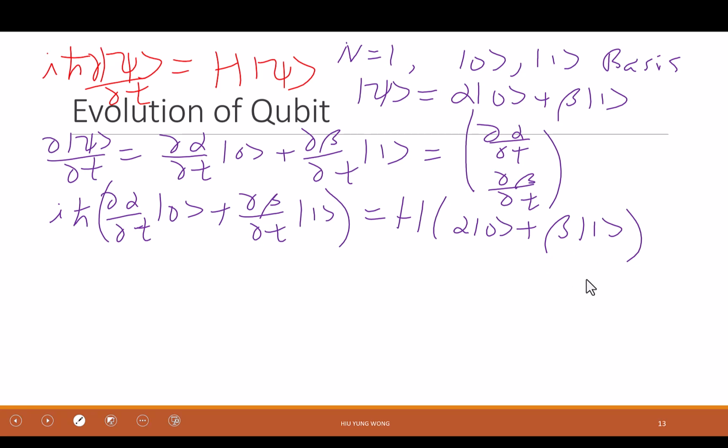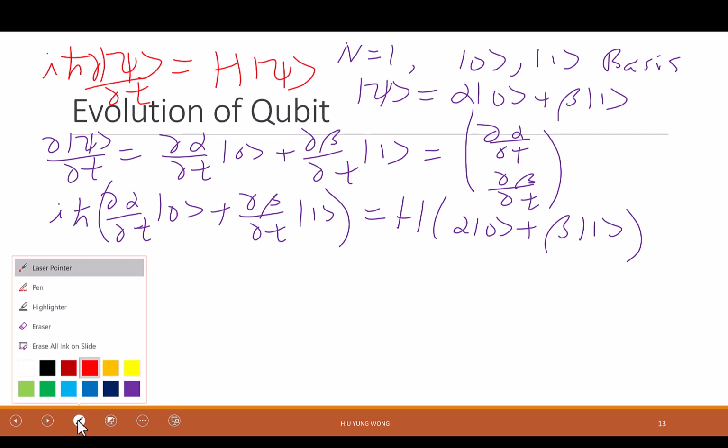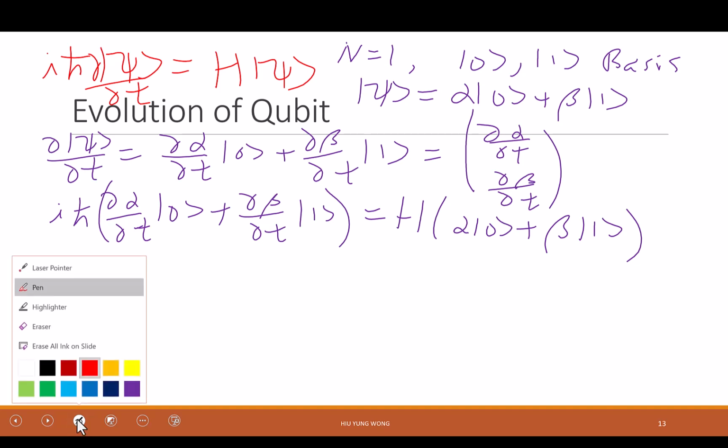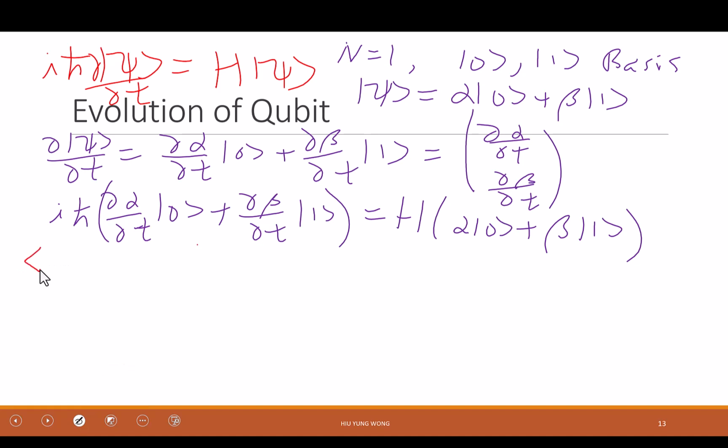That's why Dirac notation becomes very useful. I'm going to apply a state k on the left to it. k can be 0 or 1, just a general state. Multiply k from the left. What does it mean?